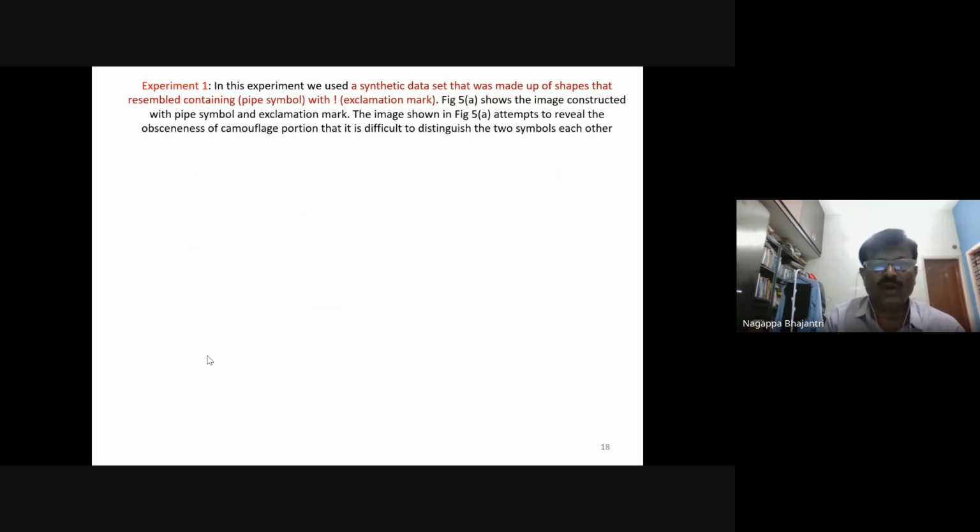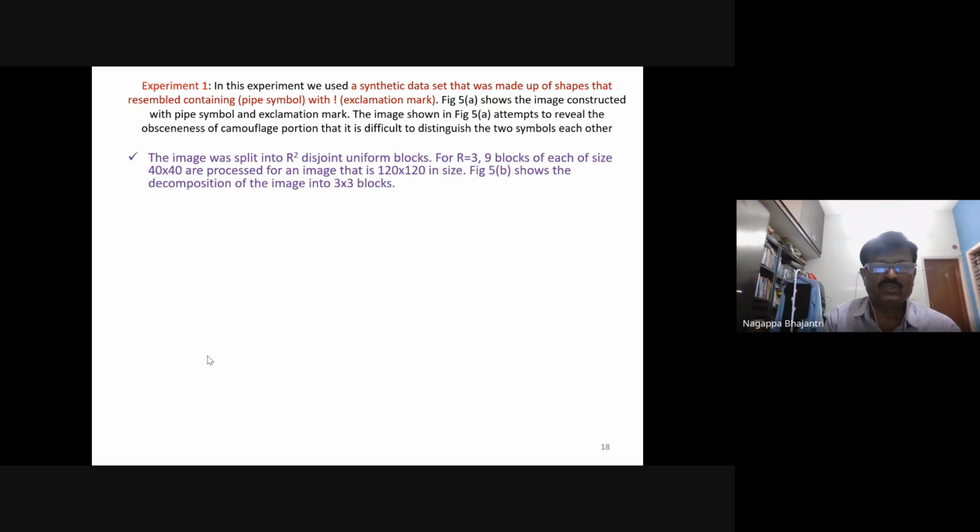Experiment 1: we constructed a synthetic image with the exclamatory mark, using the pipe symbol and the exclamatory mark. These look similar, so the constructed image is hidden in the background, making it difficult to discriminate the two symbols from each other.